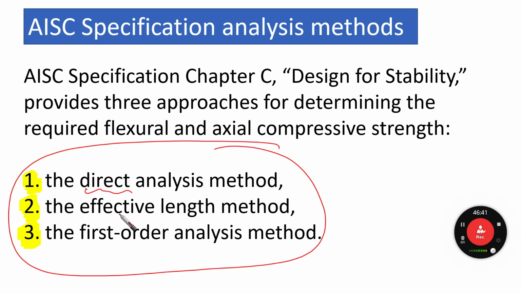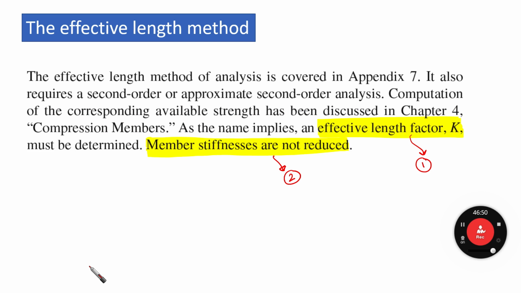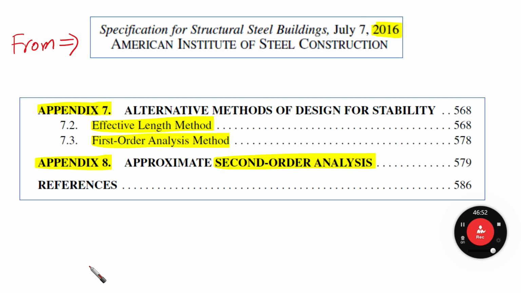As we said, we have the direct analysis method, the effective length method, and the first order analysis method. We mentioned every one of them. All of them are highlighted in the recent AISC 2016 in Appendix 7 and Appendix 8.